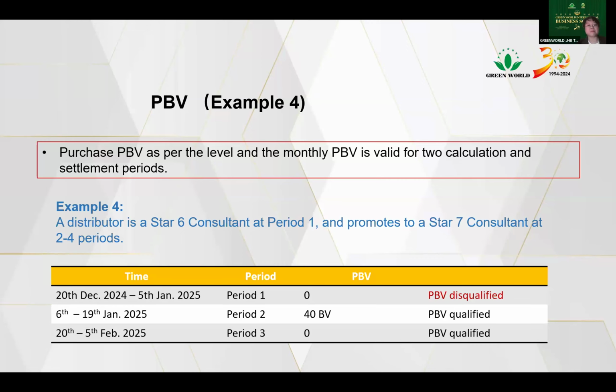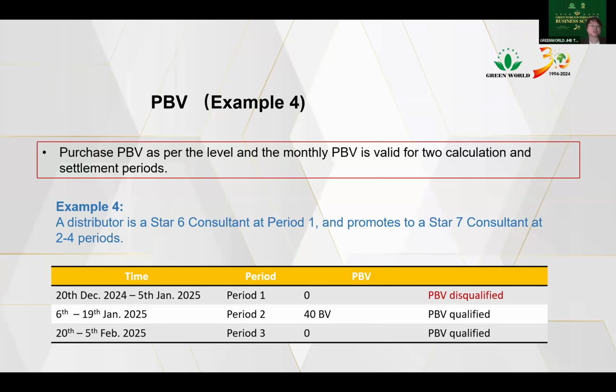And if he buys the 40 BV in the second period, then he's qualified for the second and also the third period. And of course, if we go to the 4th period, he must buy the 40 BV once again for the 4th period.